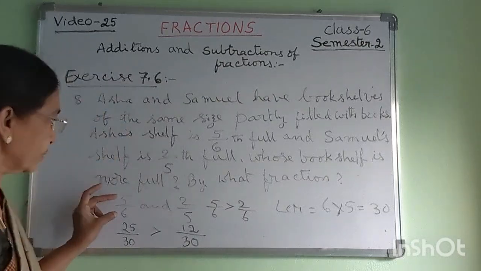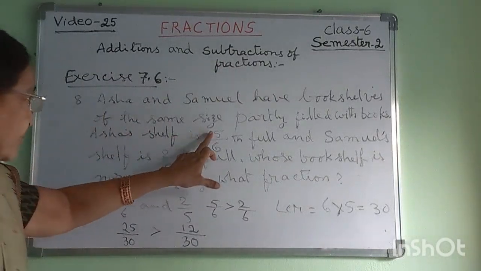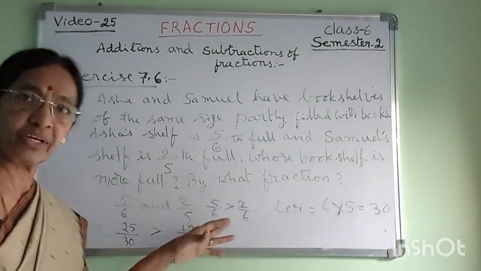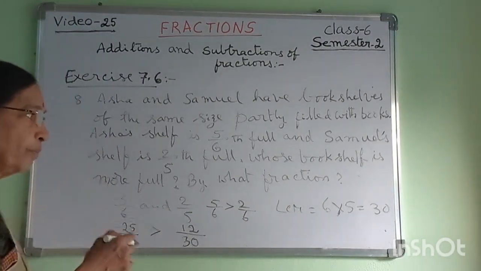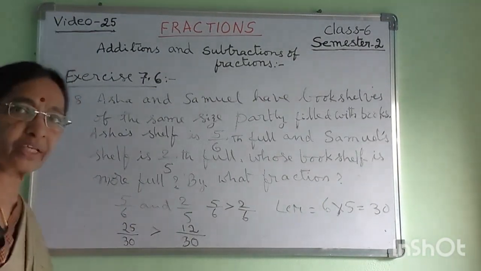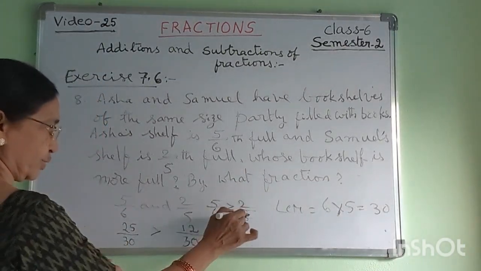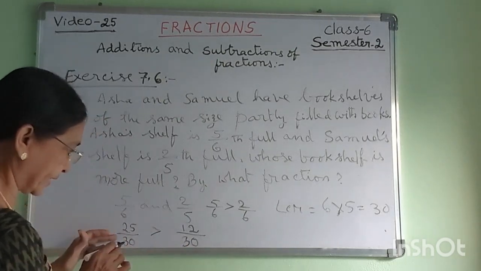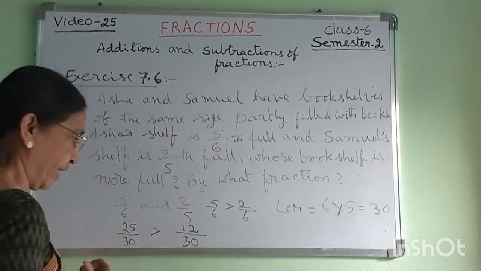But whose bookshelf is filled with 5/6? Asha's shelf is filled with 5/6. So Asha's shelf is filled with more books. Now, by what fraction? For that we have to find out the difference between these two fractions. As this is greater, we will subtract the other one from this fraction.